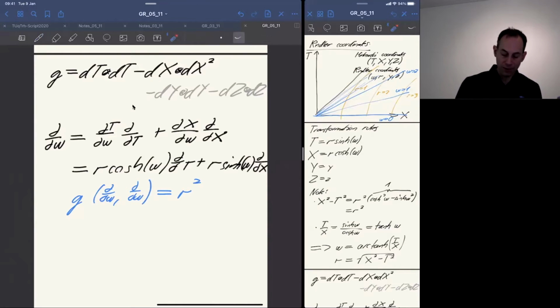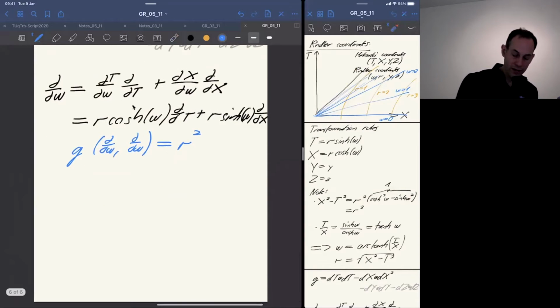I just need to put that into the metric, but the metric was given in terms of ∂/∂t and ∂/∂x, where it's just a normal Minkowski metric. So I have to square this and then subtract the square of this. So I get r squared cosh squared minus r squared sinh squared. But I told you already before that these two cancel to 1. So I just get r squared. So the length squared of this vector is r squared.